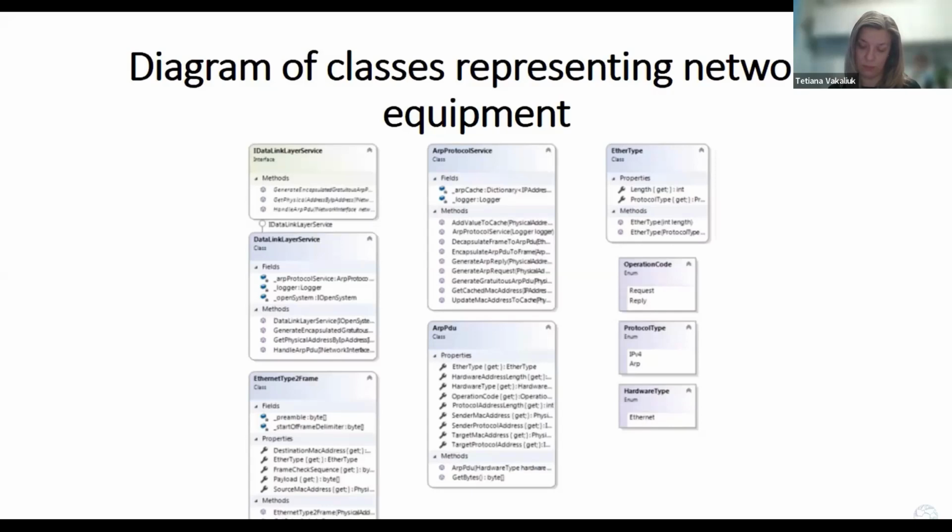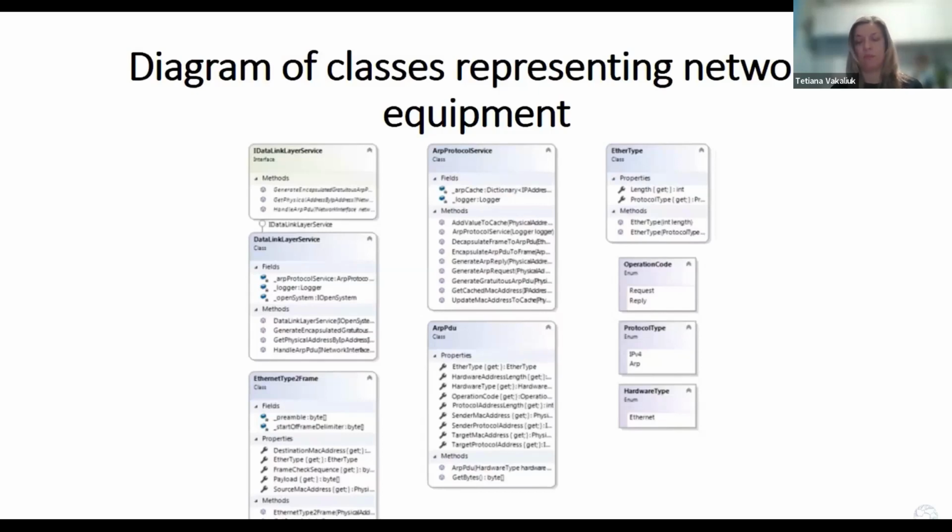The diagram shows the base network interface controller and network interface classes for working with network cards and network interfaces. These classes implement functionality for sending, receiving, and processing data. The diagram also shows the physical media, cable, and connector classes, which implement functionality for connecting network devices and transferring data.